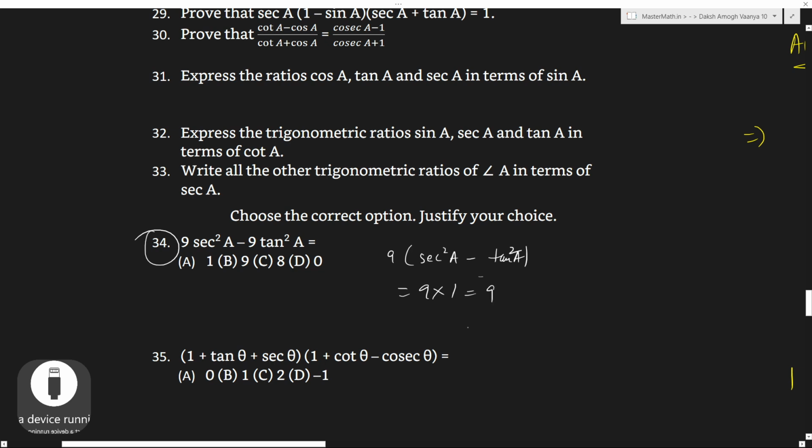So 9 into 1, the answer is 9. B. Easy. Easy peasy. Okay.